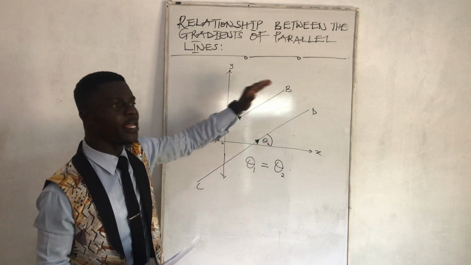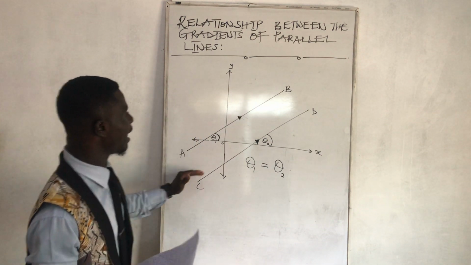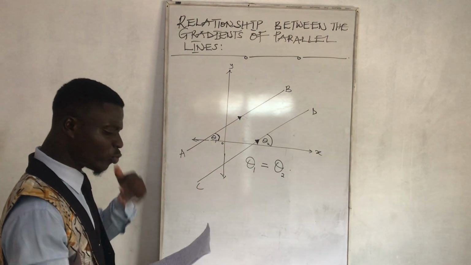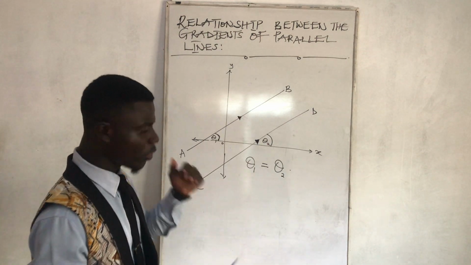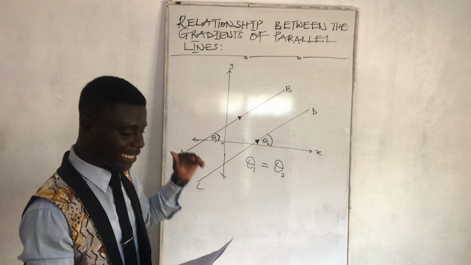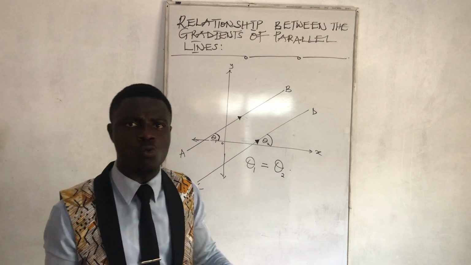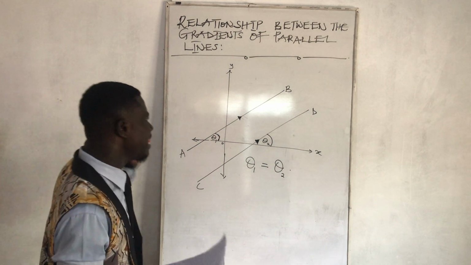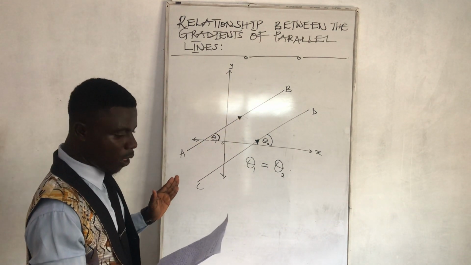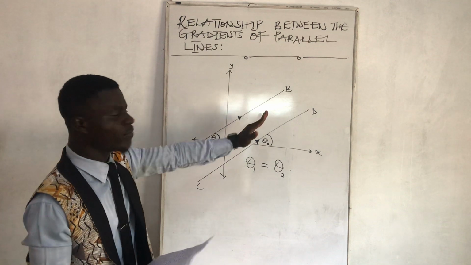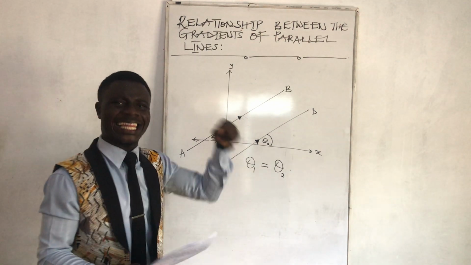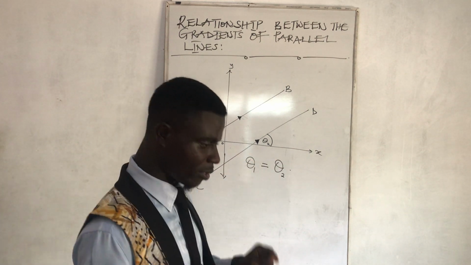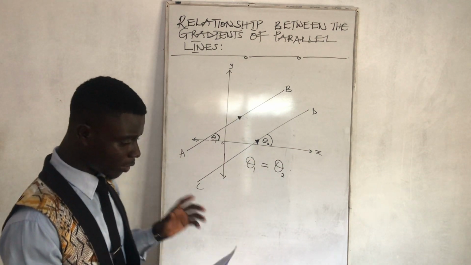So line AB has a positive gradient, then line CD also has a positive gradient. Therefore vector AB and vector CD are said to have equal gradients. To be precise, vector AB has a positive gradient, likewise vector CD also has a positive gradient. That's what we mean here.